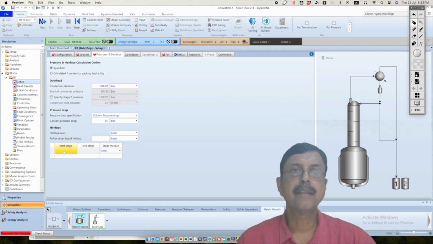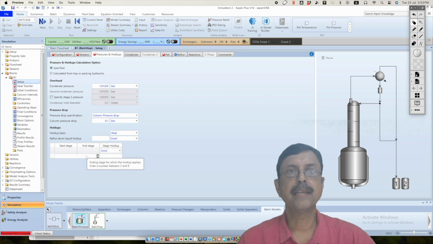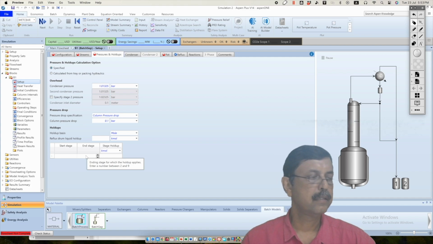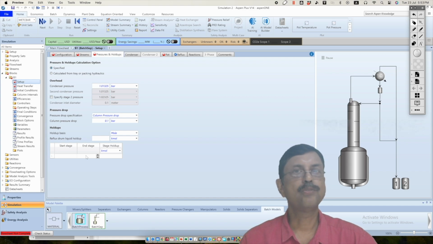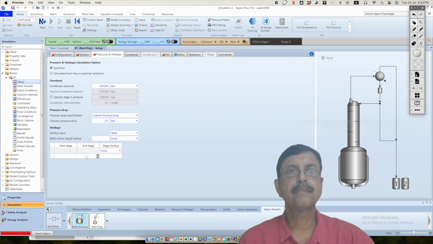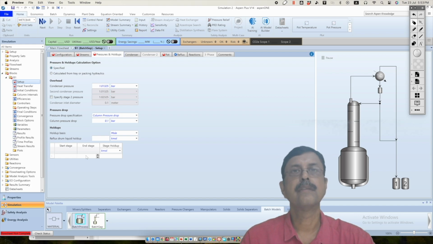If you say that there are 10 stages, then starting stage of 2 and ending stage of say 9, because if there are 10 stages, then stage number 1 must be the condenser and stage number 10 has to be the pot. Okay, so that is the basic understanding. So number of stages minus 2 will be the number of trays that you can set.